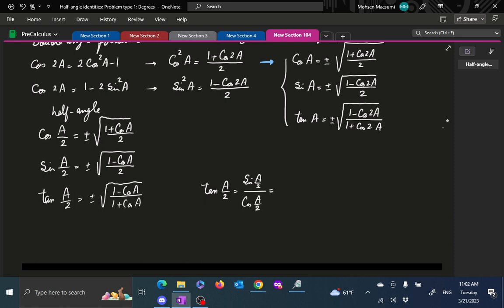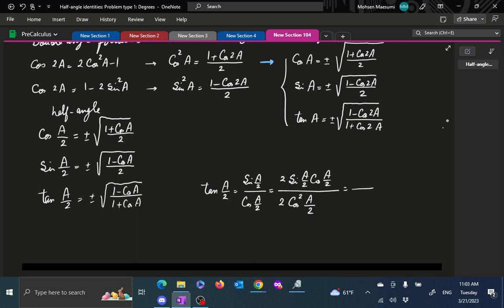If I go ahead and multiply this thing by cosine, I'll have sine of a over 2 cosine of a over 2 divided by cosine square of a over 2. Now I want to create sine and cosine of a itself, so I double this and double that one.